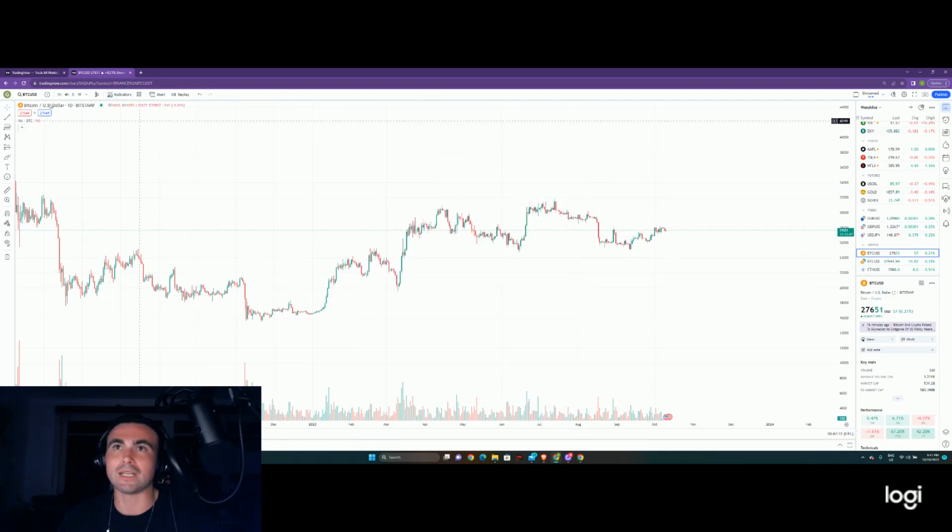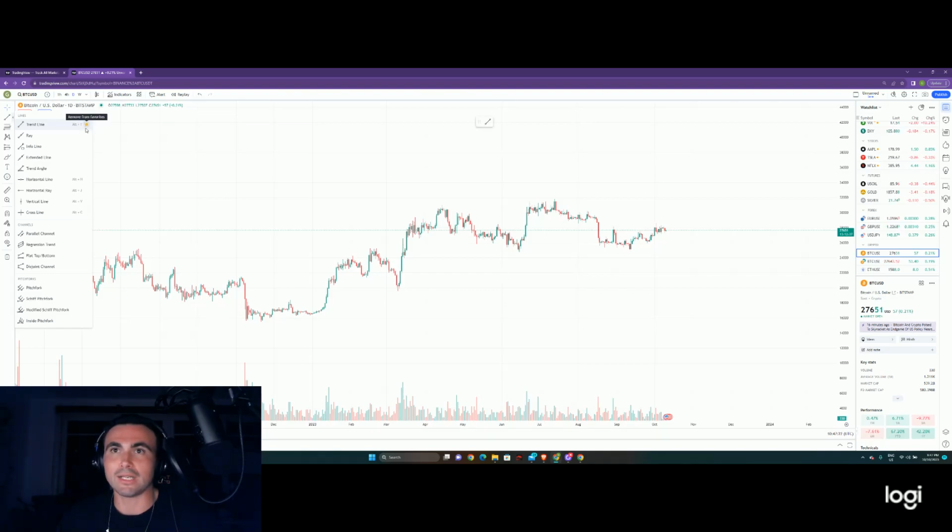For the time being, we just want to have our time frames at the top there, and we will also have our tools favorited. So the tools I like to use in my analysis are trendline, horizontal ray, I'll leave it at those 2 for now. Keep it really simple.